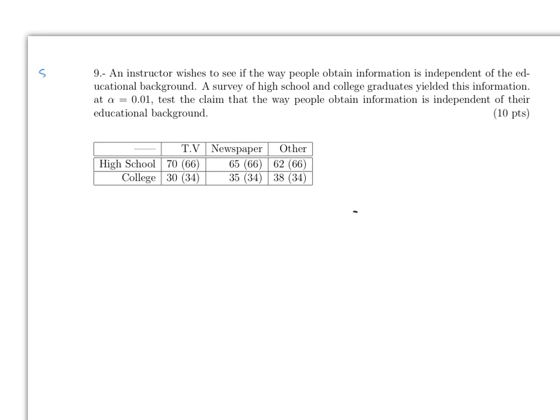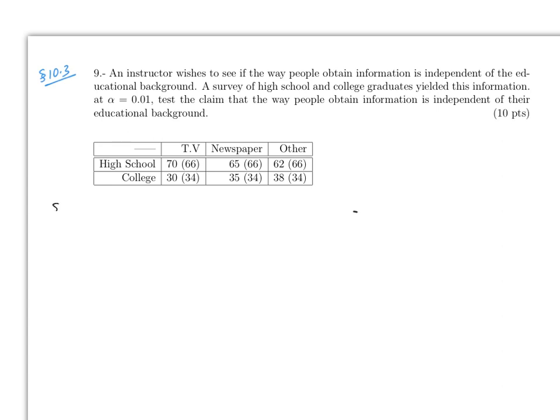Question 9 is from section 10.3, and in this section we're trying to check if the row variables, which are these two, are independent of the column variables.